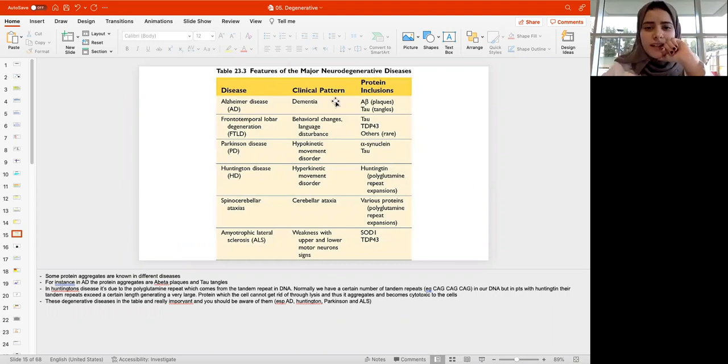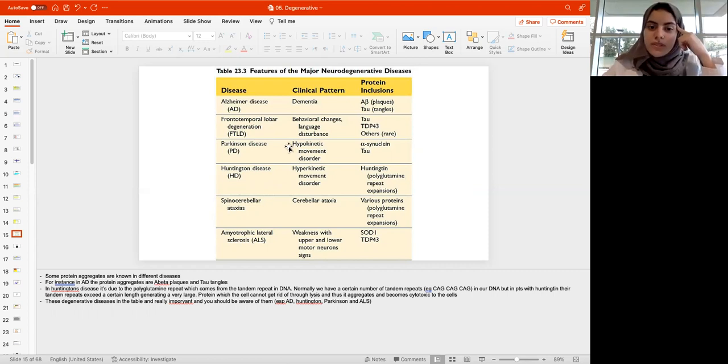This is the table he added. By the way, my order for the slides might be a bit different because I wanted it to flow with how the information is going, but it's the same slides that you have, okay? When I keep saying he just wanted, that means during our lecture. What he pointed out in our lecture was the names of diseases, and he focused on the proteins.